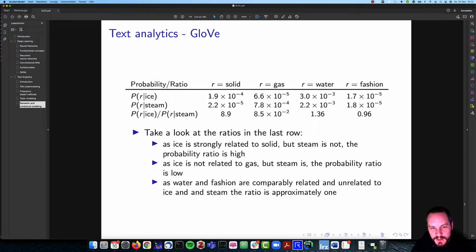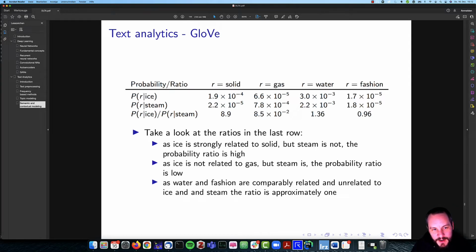Those are the relative frequencies: how many times does the word "ice" occur in the context of "solid" in relation to the number of times the word "solid" is used in that corpus. The numbers are quite small because obviously there are a lot of other words that are used in the context of "solid", not only "ice" or "steam".